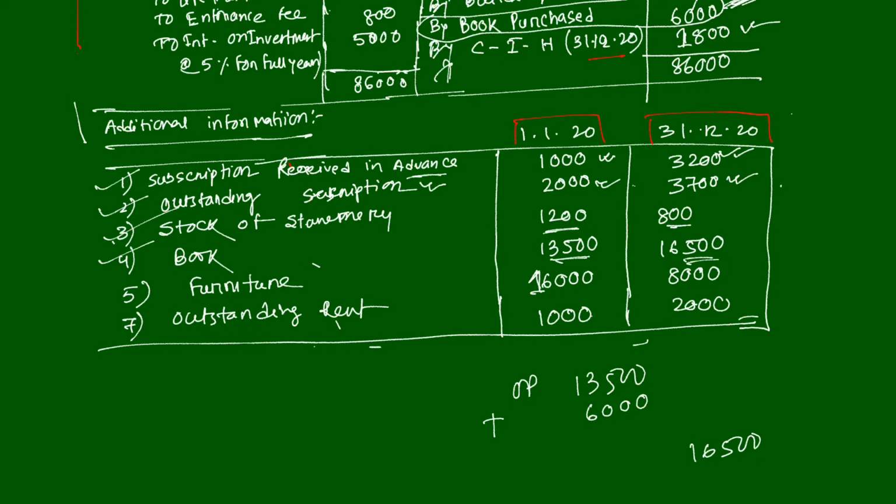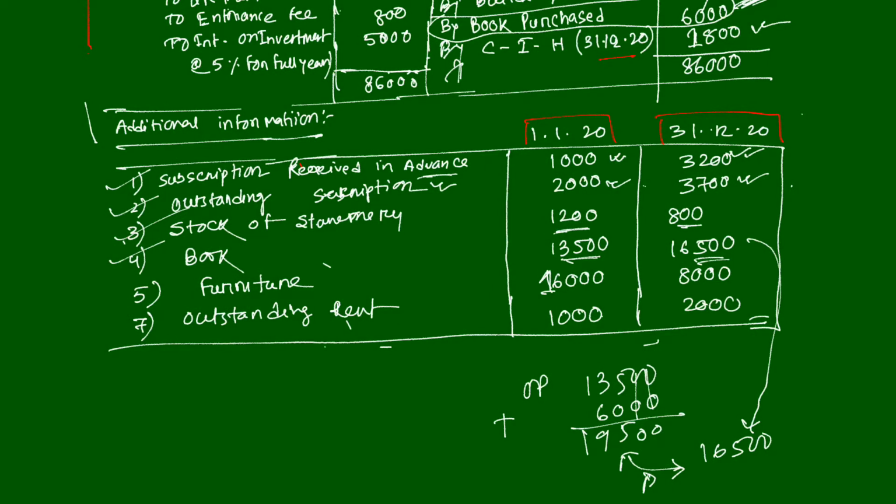How is it possible? If you add 13,500 plus 6,000, the value is 19,500. But you see, here it is written 16,500. So obviously that gap is your depreciation. Okay. Now how do you calculate this thing?